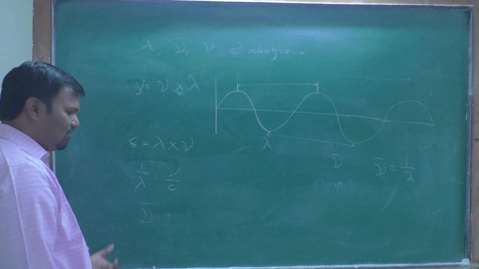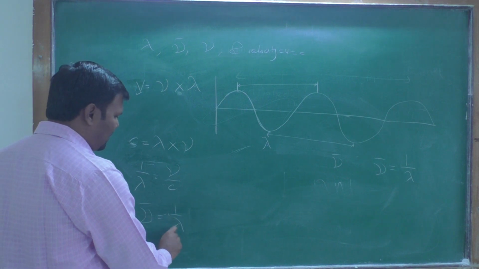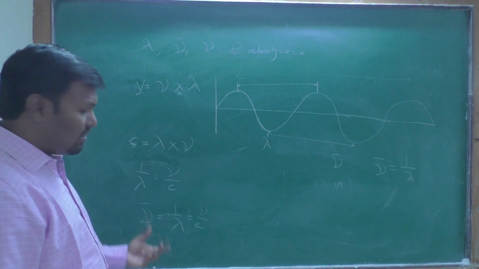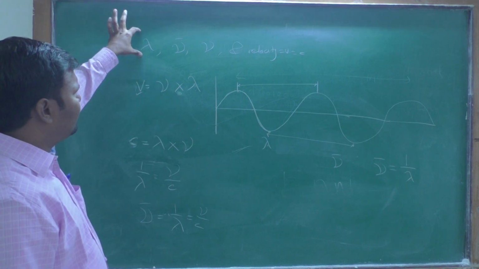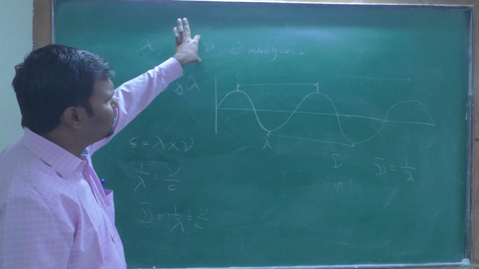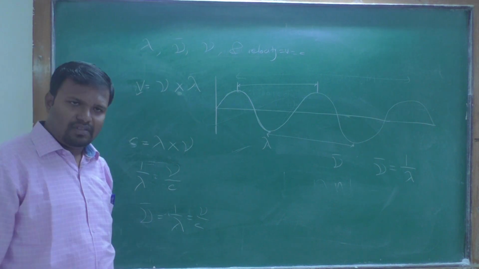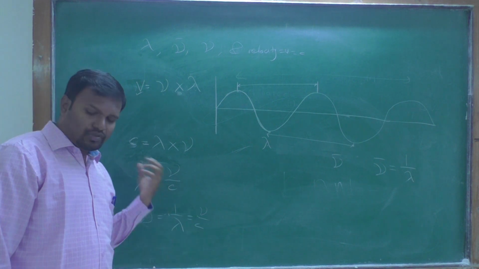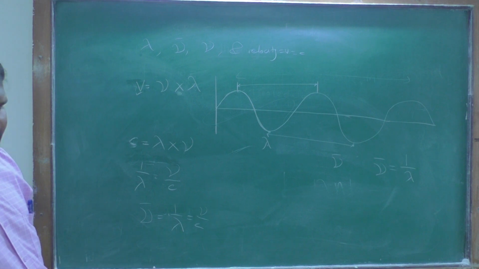Mu bar is the wave number. Mu bar is equal to 1 upon lambda is equal to mu upon C. This is the relation between the wavelength, wave number, frequency and the velocity. That relation we have found here.